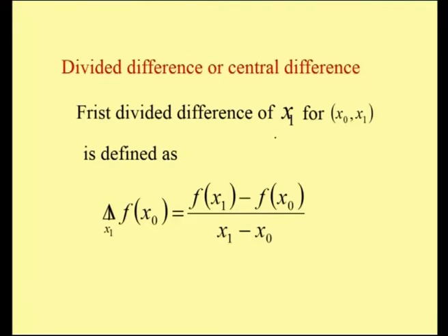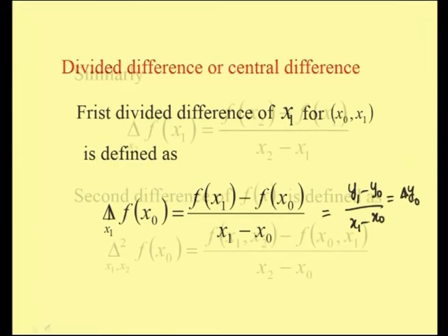First, the divided difference for x0 comma x1 is defined as del f of x0 is f of x1 minus f of x0 divided by x1 minus x0. In terms of y, it is y1 minus y0 divided by x1 minus x0, that is del y0.